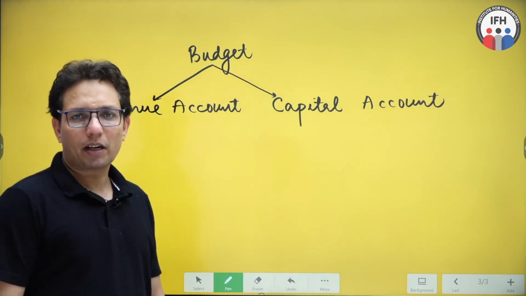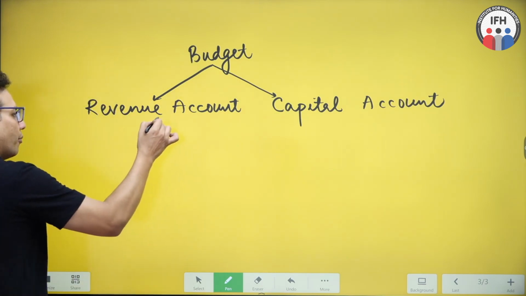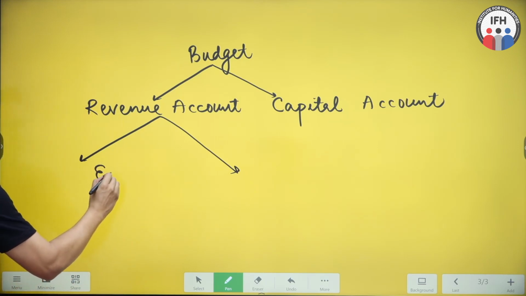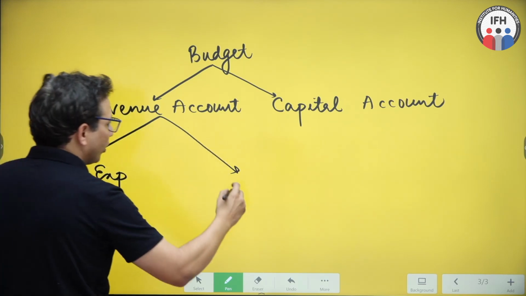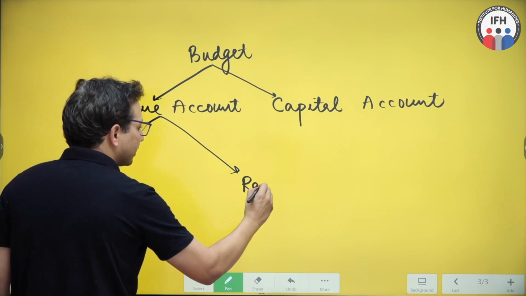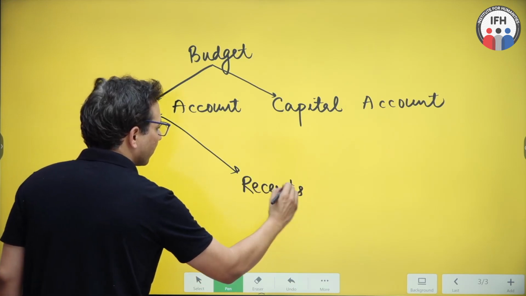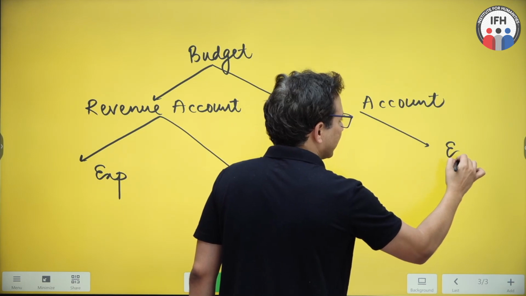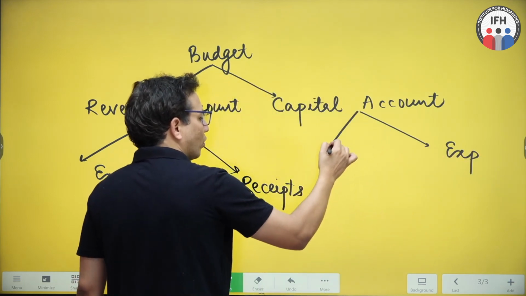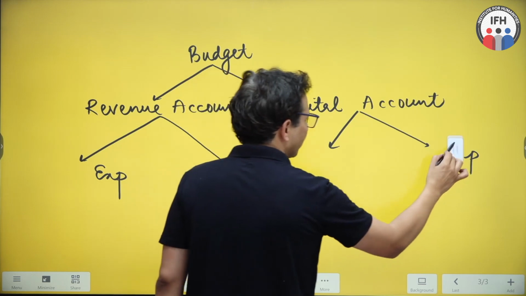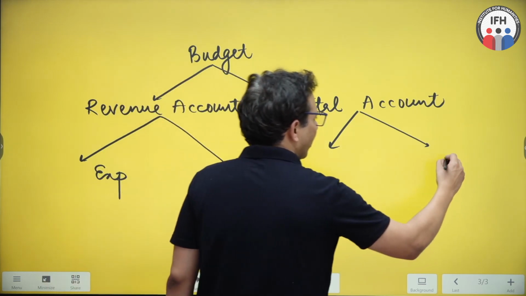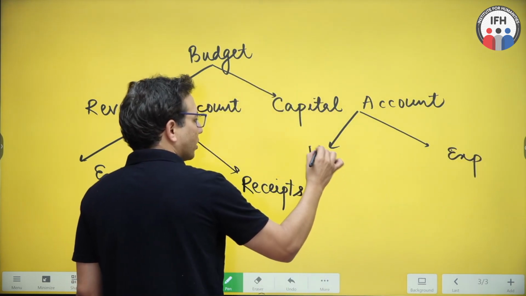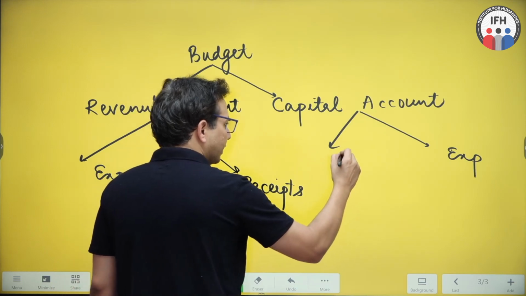From the revenue account, there will be some expenditure, and in the revenue account there will be certain receipts. Similarly, in the capital account also there will be certain expenditure, and there will be some receipts.